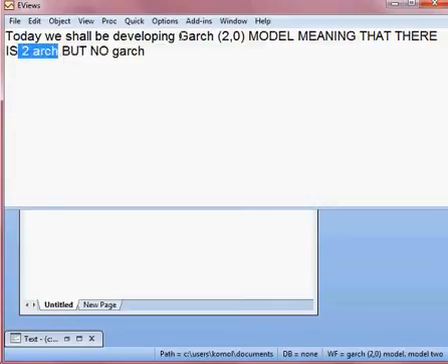That is called the GARCH 2.0 model, right? That is the model that we shall develop today.